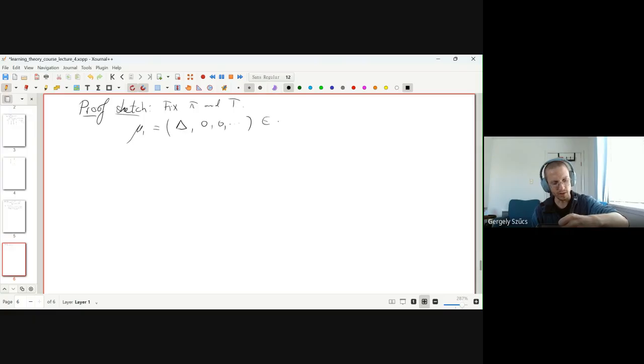So this is a vector in 0, 1 to the A, which just specifies the means for each arm, and we take the bandit itself, eta 1, to be normally distributed with these means and variance 1. And this delta is something TBD.